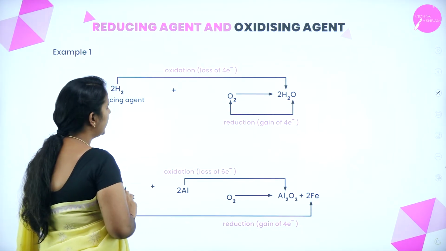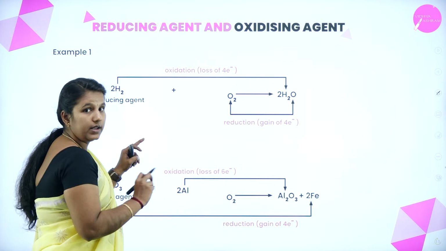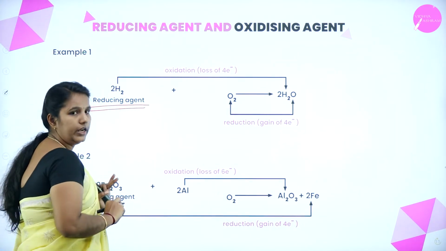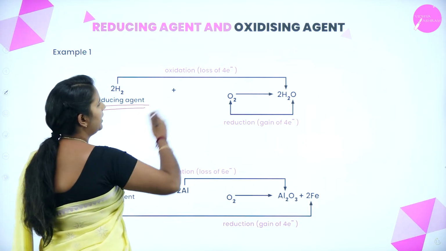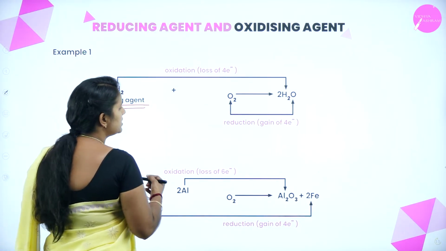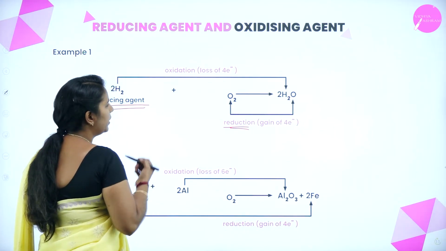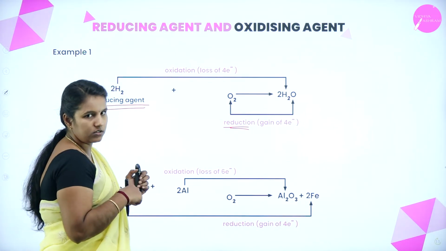Is it right? Yes. Here, which one is the reducing agent and which is the oxidizing agent? We know that hydrogen itself is the reducing agent because it donates the electrons to the oxygen, whereas oxygen is the oxidizing agent. Why? Because it is accepting the electrons.